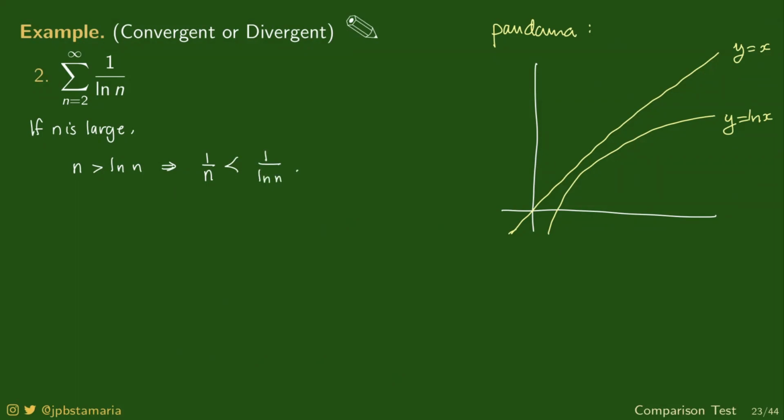Ang 1 over ln ay mas malaki sa 1 over n palagi. Correct? Kapag nagre-reciprocal yung inequality mo, bumabaligtad ha. Kung mga positive sila. Kailangan positive sila.